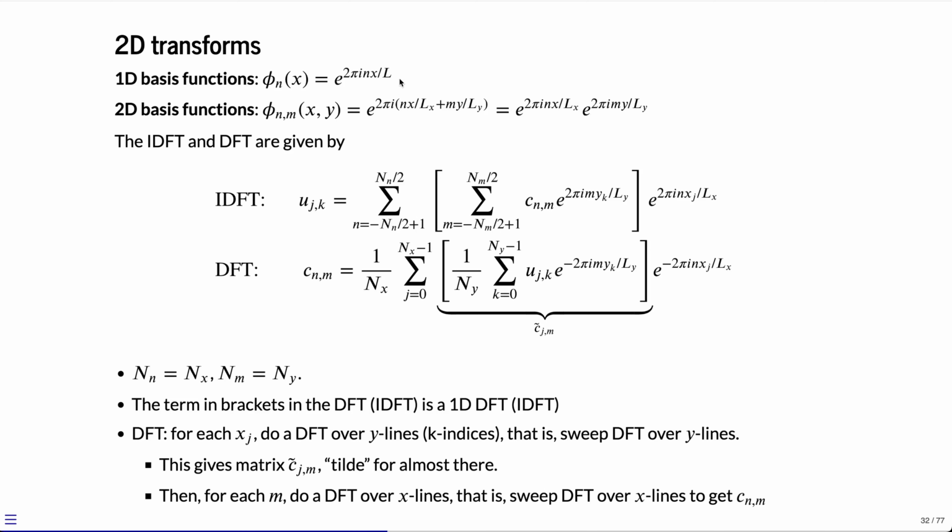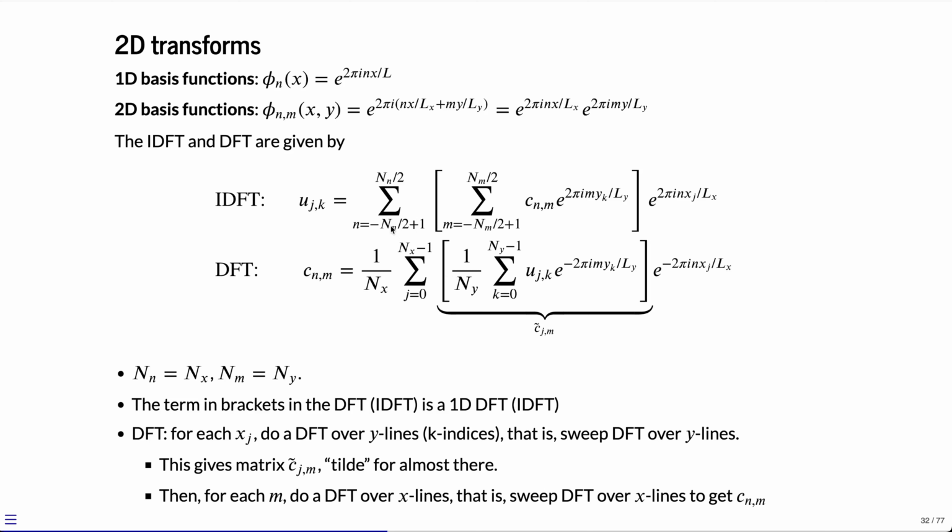So the inverse discrete Fourier transform and the discrete Fourier transform are given as shown here. They parallel what we had in 1D, so you can see positive and negative. We have normalizing factors 1 over N_x and 1 over N_y, in the x direction and y direction.